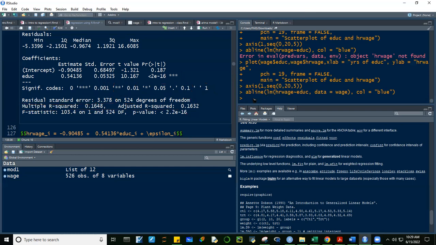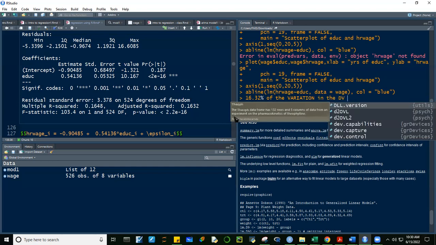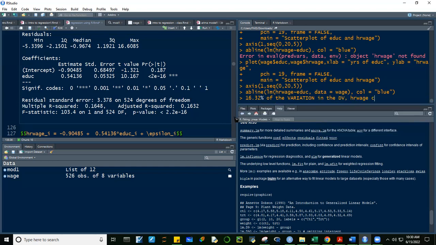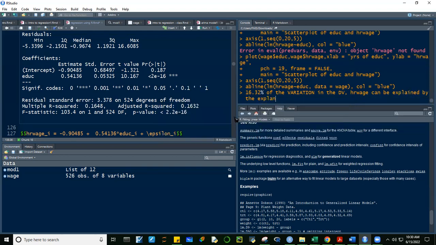Ang ibig sabihin to, let me write it here, that yung adjusted R squared natin na 16.32 means that 16.32% of the variation in the dependent variable hourly wage can be explained by the explanatory variable education. Okay, so that's the technical definition of that, no?